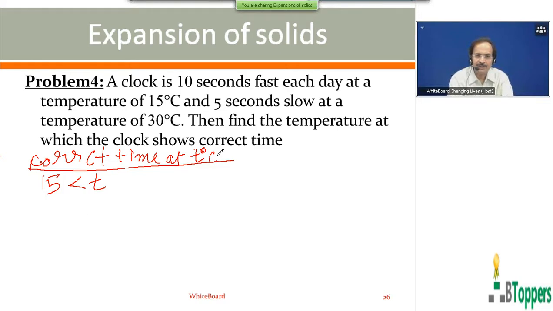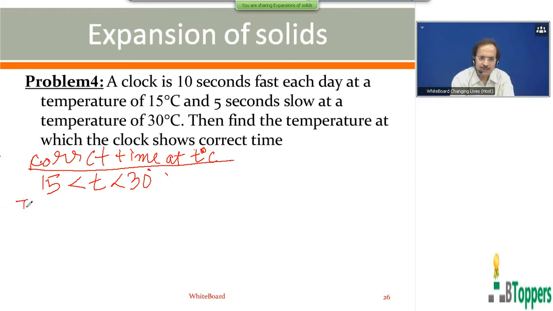As explained in the previous class in case 5, the pendulum clock loses time when the temperature is above this temperature t. In the given problem, the pendulum clock loses 5 seconds each day at 30 degrees centigrade. Therefore, t must be less than 30 degrees centigrade, or 30 degrees centigrade is more than t.